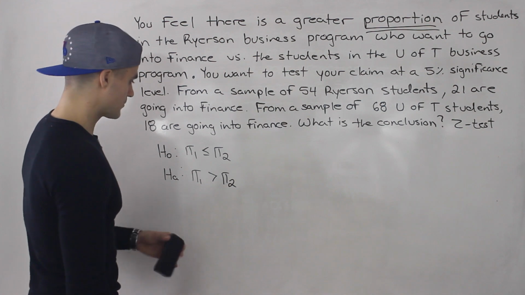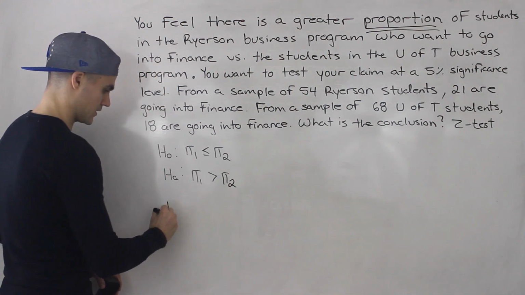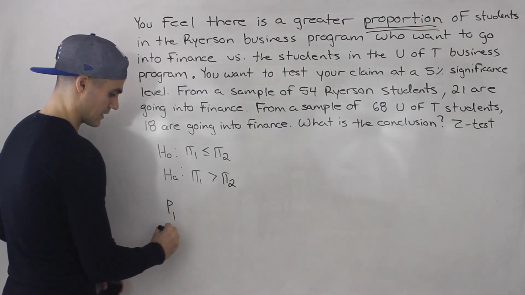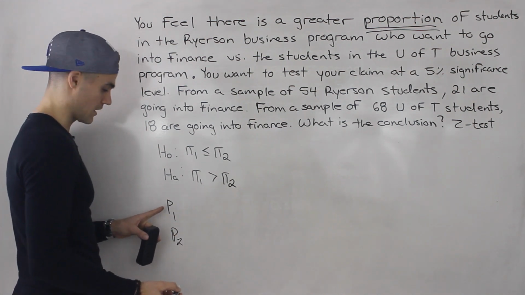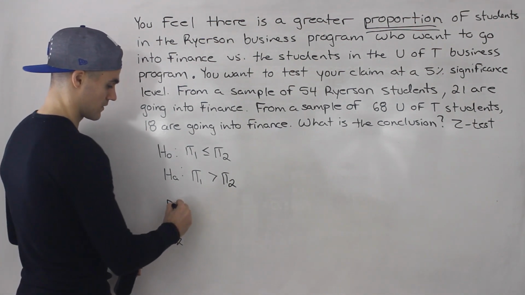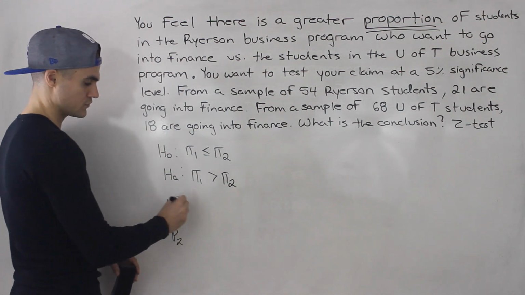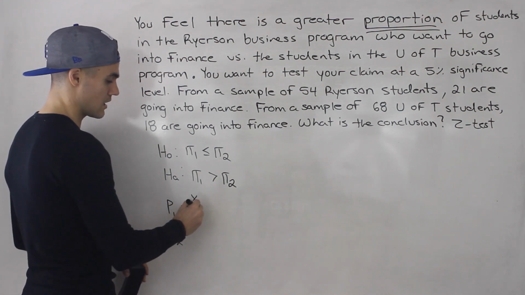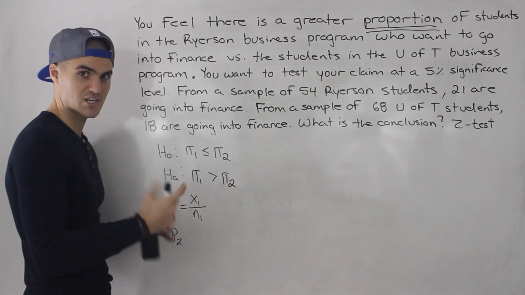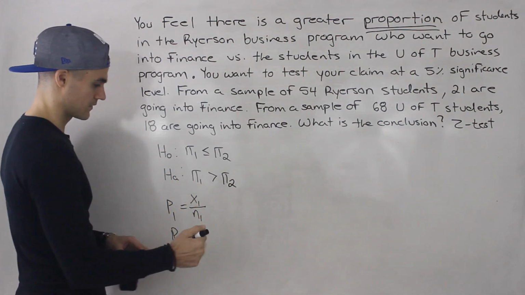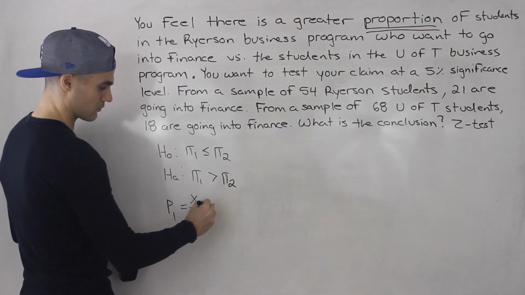So with proportions, what we've got to do is find out what those sample proportions are. So we'll call them P1 and P2. And if you remember, the proportion formula is basically the number of observations out of the sample size that share some kind of characteristic. So here we're dealing with Ryerson.